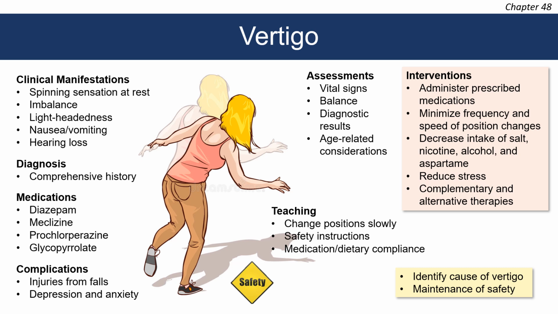So medications. Medications are aimed at treating the underlying problem, if known, and decreasing dizziness and the other clinical manifestations, so like supportive care. There are some other teachings that we can do, like having them decrease the intake of salt, nicotine, alcohol, and artificial sweetener in the diet.